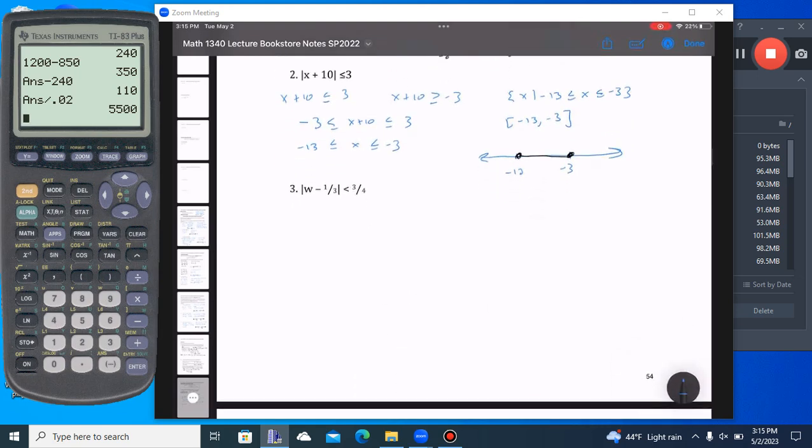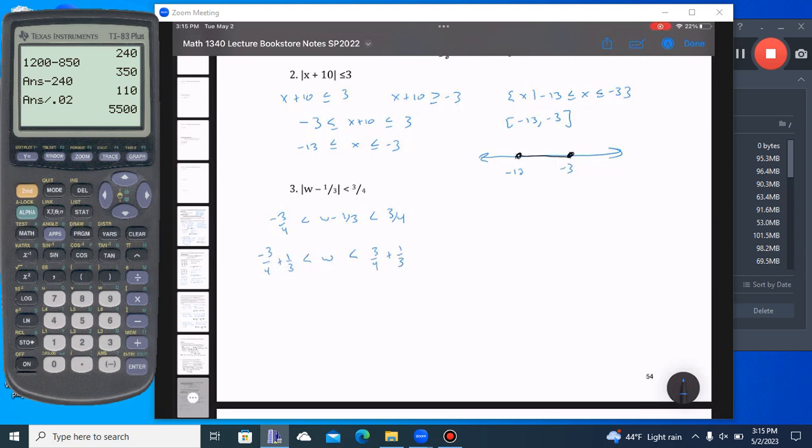Last one, absolute value of w minus 1/3 is less than 3/4. We have negative 3/4 is less than w minus 1/3, which is less than positive 3/4. So we are going to add 1/3 to both sides, so negative 3/4 plus 1/3 less than w, which is less than 3/4 plus 1/3.